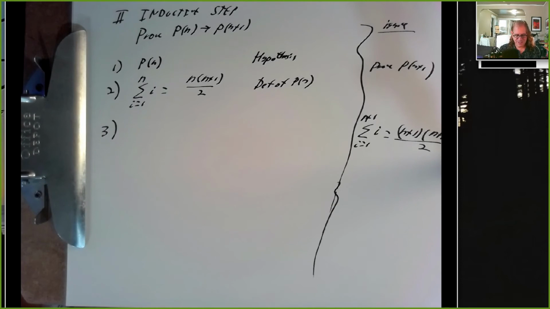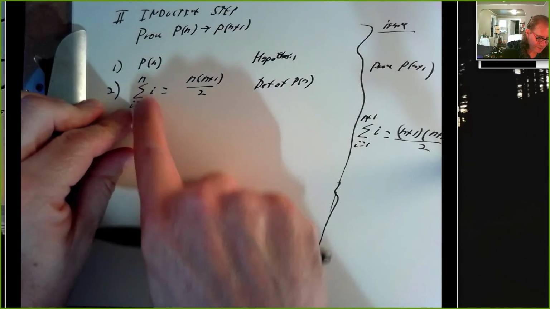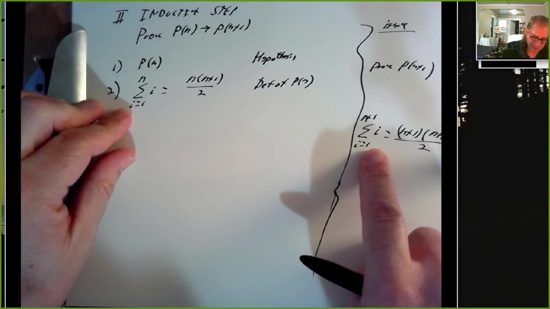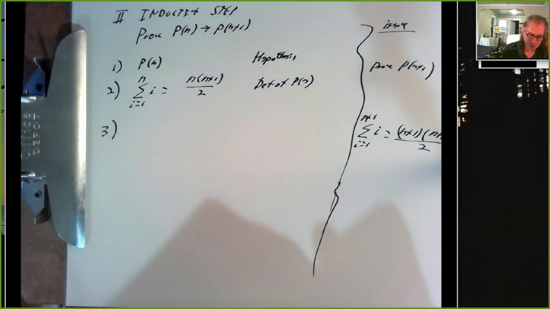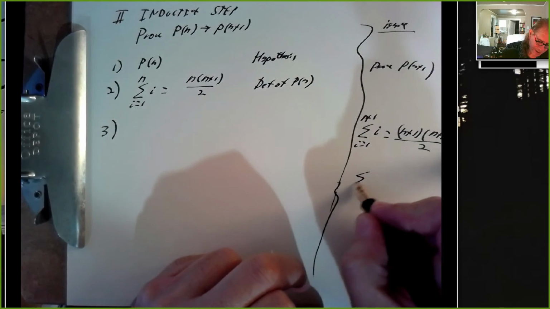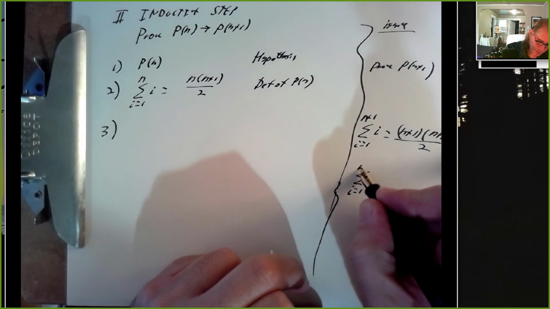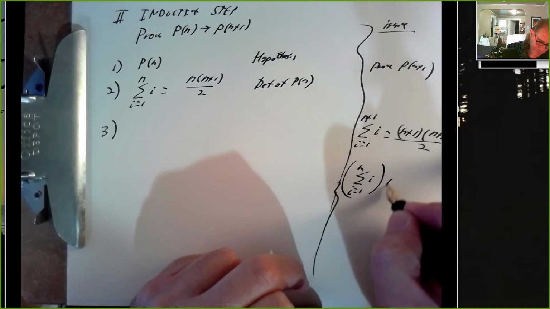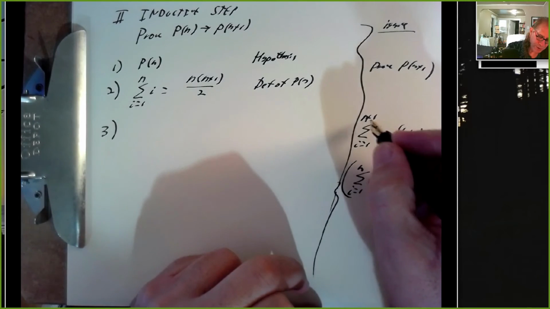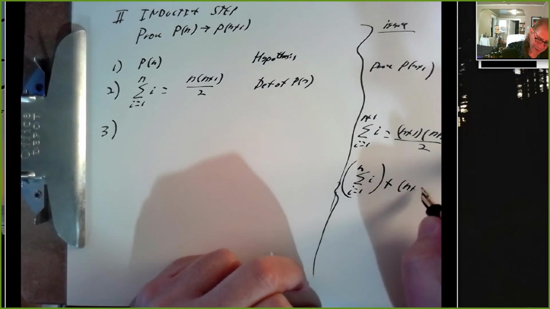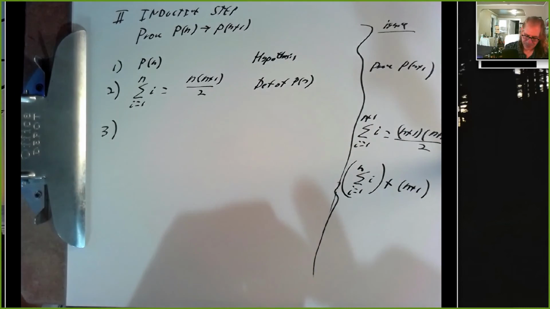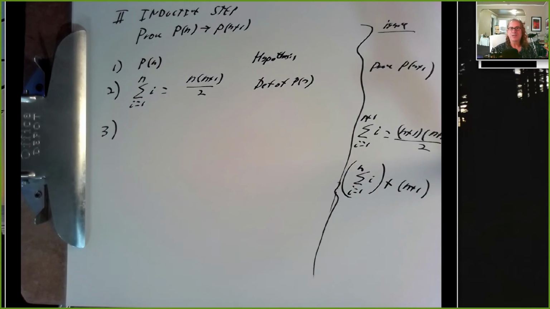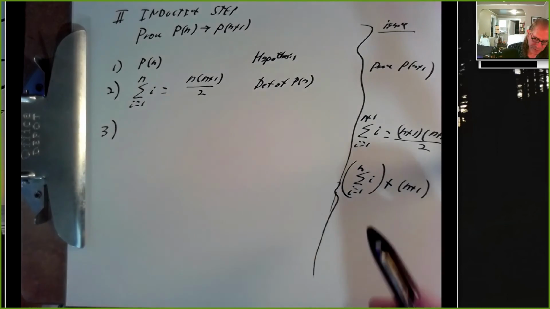One thing that might occur to you is that here we have a sum of i from 1 to n. Here we have a sum of i from 1 to n plus 1. But that's really the sum from i equals 1 to n of i plus just one more term, which is n plus 1. This is this business of breaking up summations that we did back a few chapters ago, right?